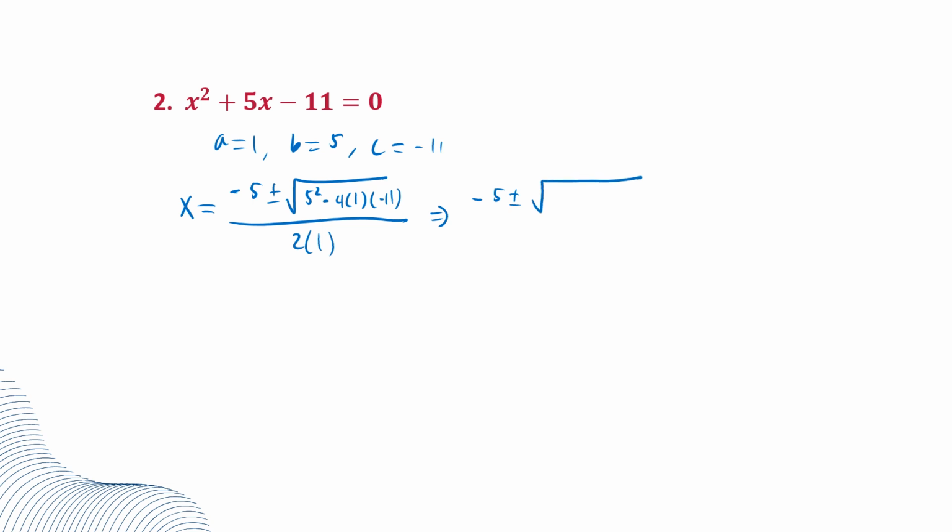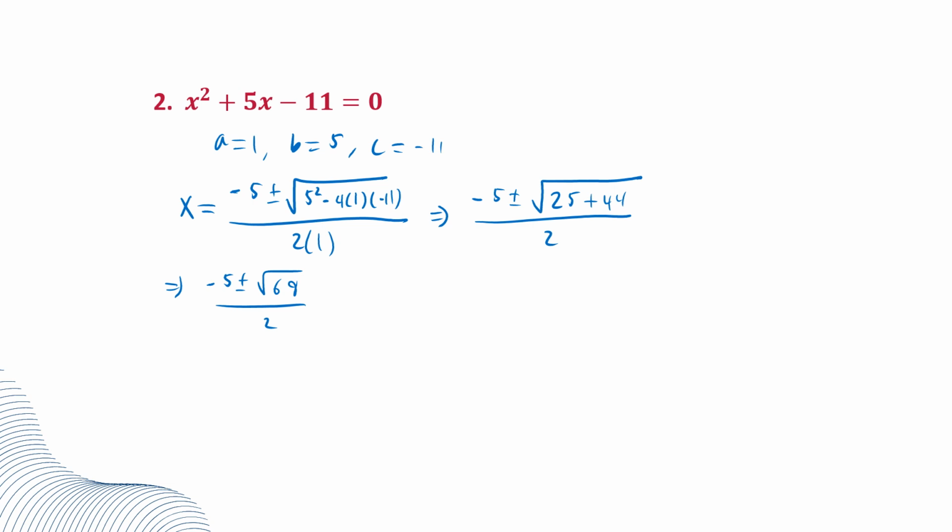So if we square, 5 squared gives us 25. And we have negative 4 times 1 is negative 4, times negative 11 gives us positive 44, all over 2. So if we add up the inside of our root, 25 plus 44 gives us 69 over 2.